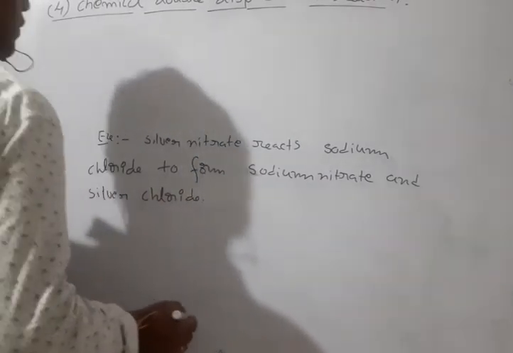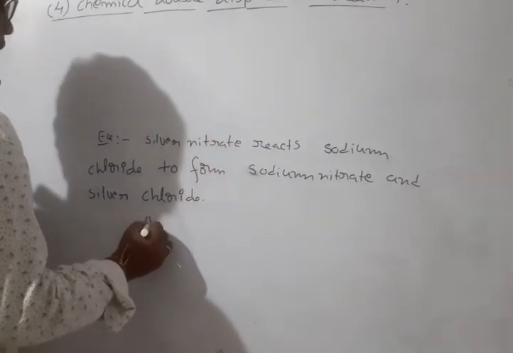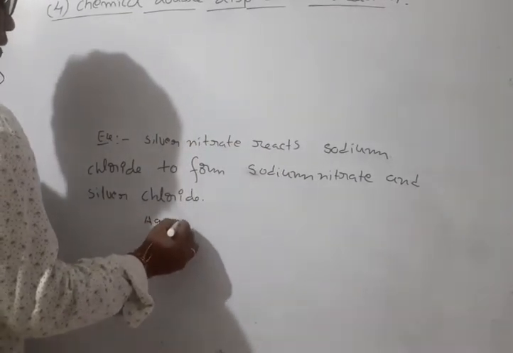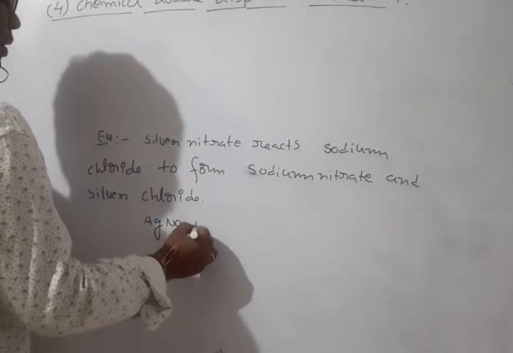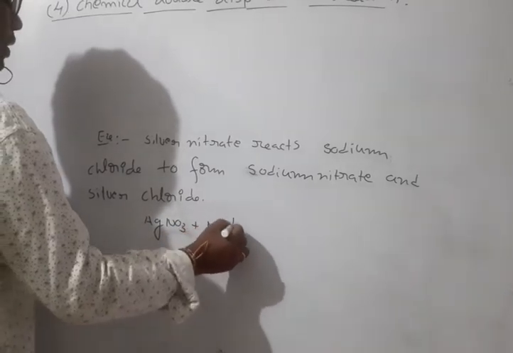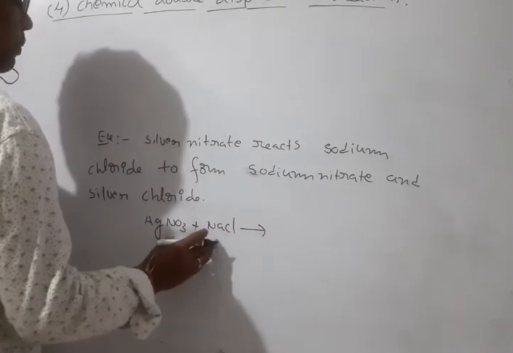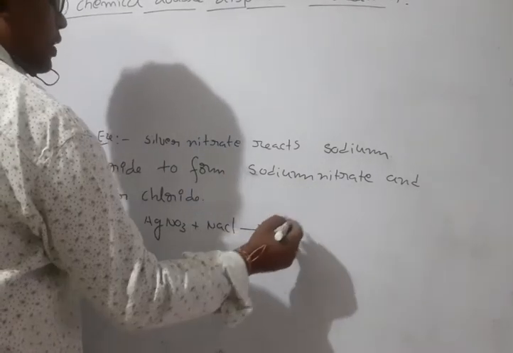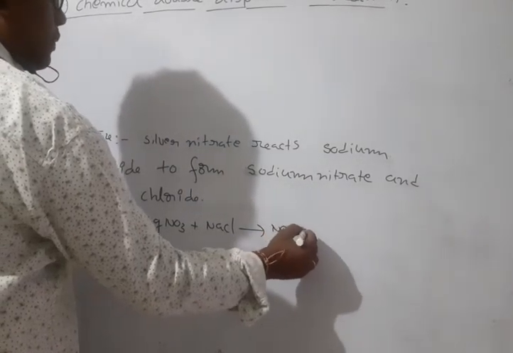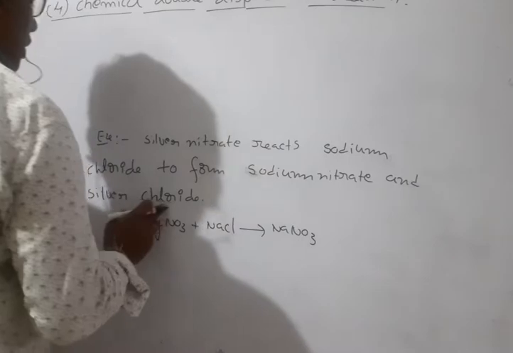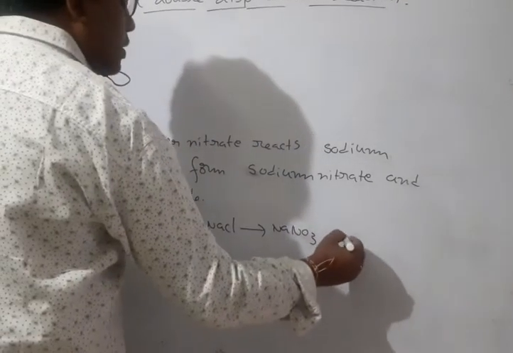So the chemical reaction for this: silver nitrate, formula AgNO3, and sodium chloride, NaCl. Both these two compounds react to form sodium nitrate, its formula is NaNO3, and silver chloride, formula AgCl.